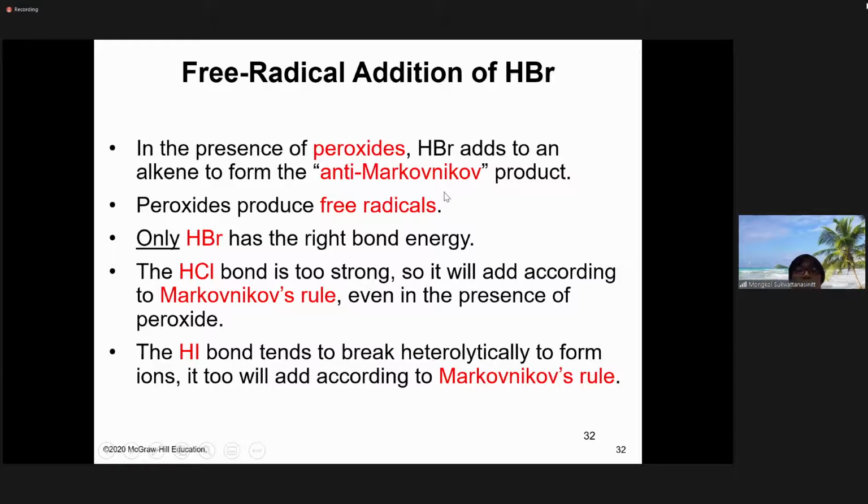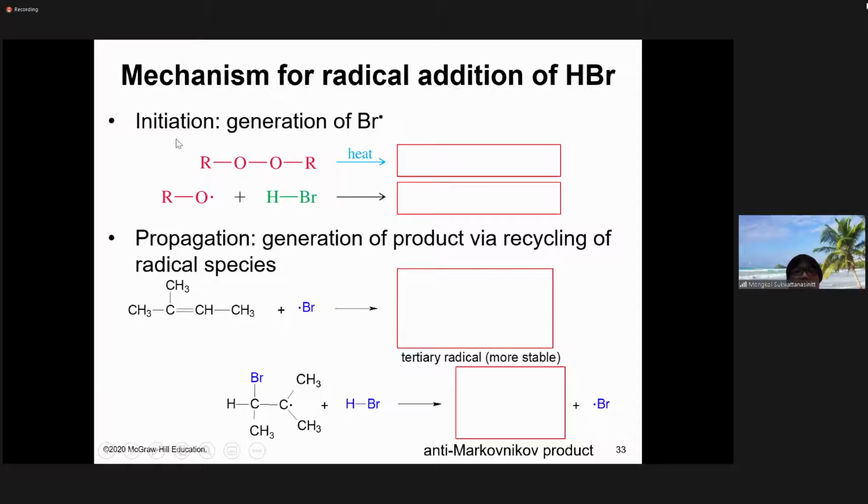It does not wait for the peroxide to react with it. So for HI you also get electrophilic addition. That means the peroxide reaction only works for HBr, and you will see here how it works.